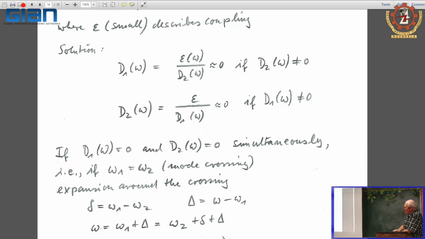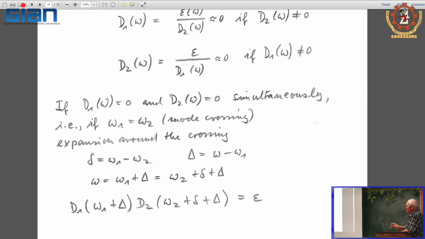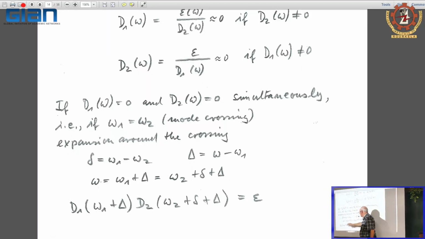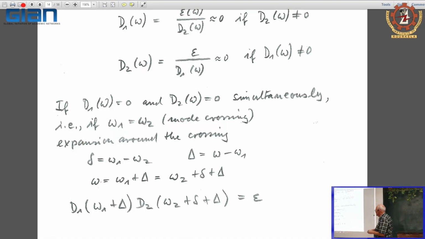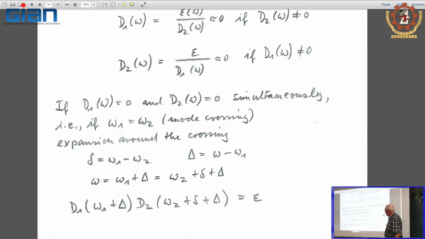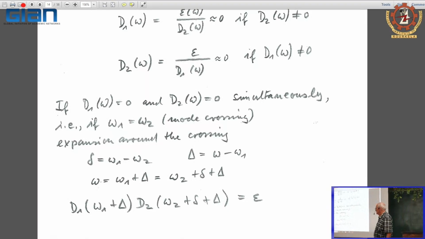Now we describe the difference of the original frequencies omega 1 and omega 2 by small delta, and we describe the difference of the final frequency omega compared to omega 1 with capital delta. According to these definitions, we may write omega as omega 1 plus capital delta, which is expressed in terms of omega 2 as omega 2 plus, because omega 1 is small delta plus omega 2, so this is omega 2 plus small delta plus capital delta.